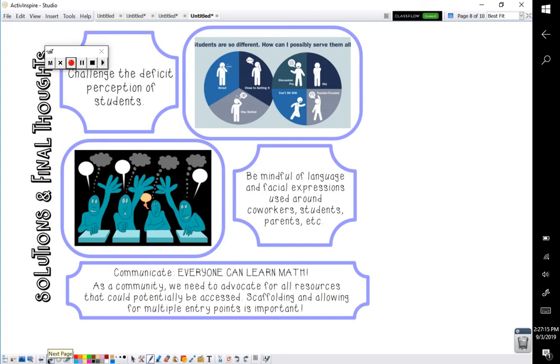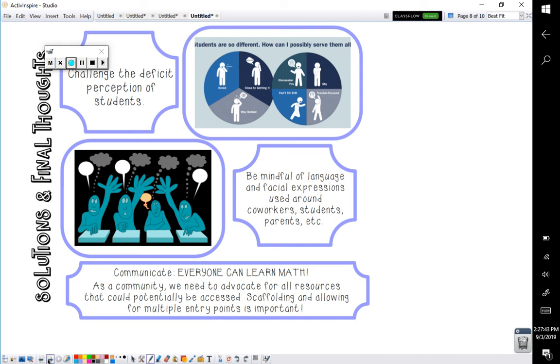Some final solutions and thoughts about the two pictures, tying this together, the two pictures that really hurt me seeing them as a teacher, of how they would hinder our moving forward. Really challenging the deficit perception of students. So maybe not really going into a class with an open mind, let's say, or being mindful of how we act towards our students.